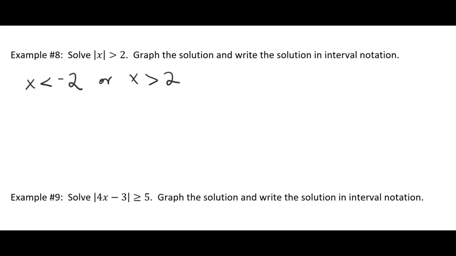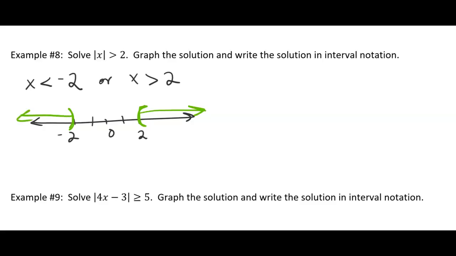Okay. And so the solution looks like this. Here's 0, here's 1, 2, and negative 1, negative 2. And so it looks like parenthesis that way, and parenthesis that way. I almost made a bracket from the last example. And so what does the interval notation look like?